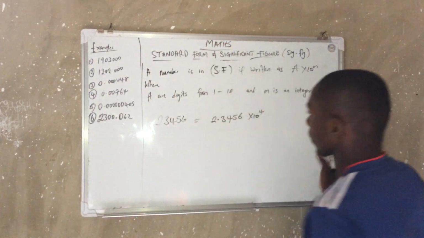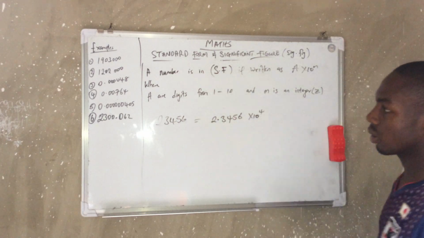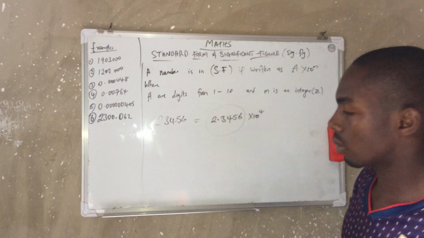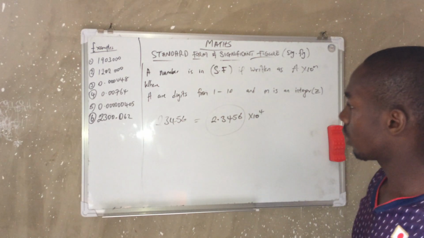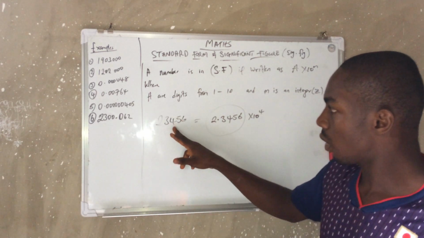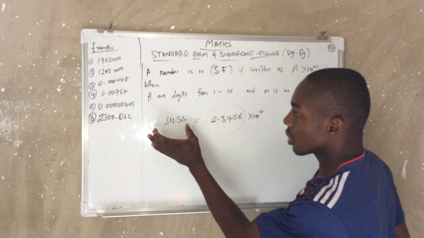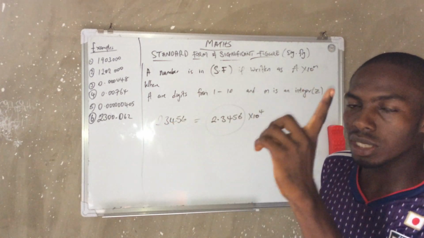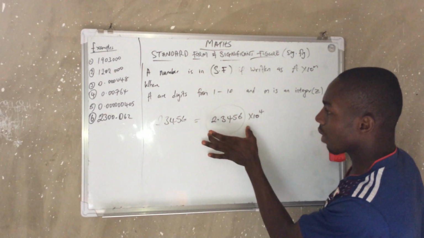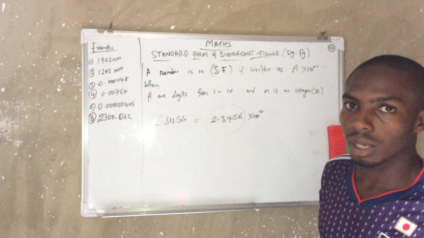Now, I want you to look at this very, very well. Look at this thing here. What do you have? This thing that is here is what we have here, but this has been expressed to one significant figure. When we express it to one significant figure, we have this. Do you understand now?